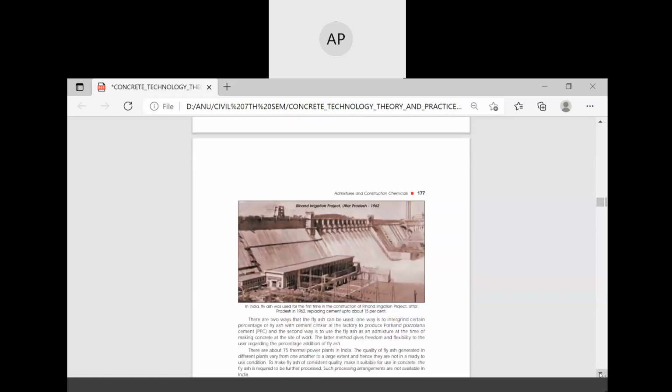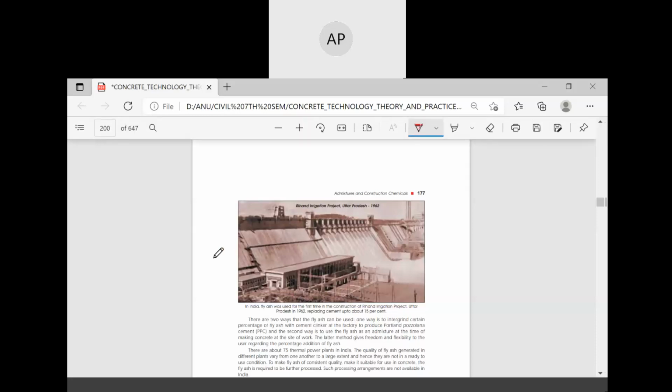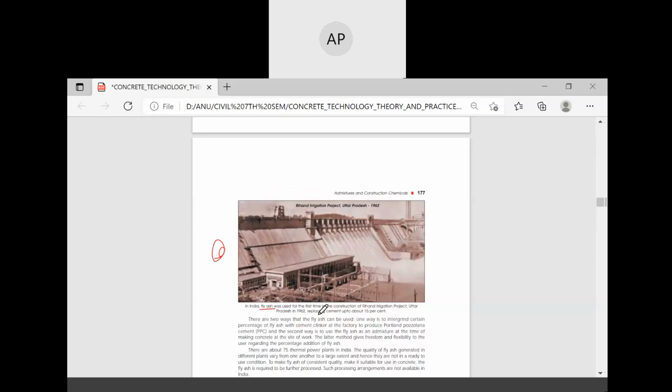So this figure shows the Rihand irrigation project of Uttar Pradesh, where fly ash was used for the first time in the construction of this irrigation canal, replacing cement up to 15%.